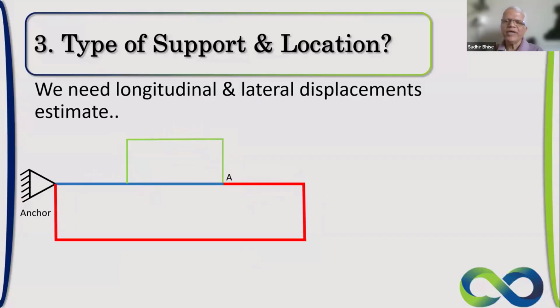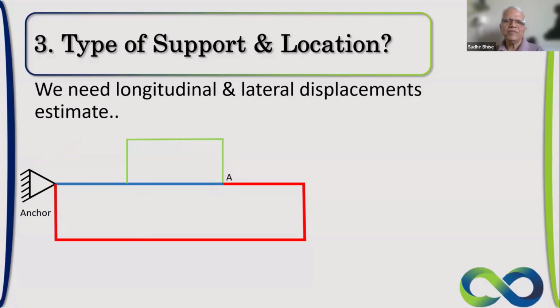If you just locate the closest anchor in the system, the closest fixed point, and find the shortest distance between the point of interest and the anchor, simply multiply that by alpha, the expansion coefficient, and you will find the displacement at point A in the direction away from the anchor.